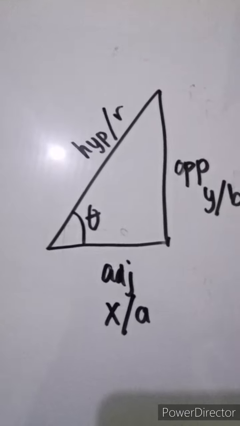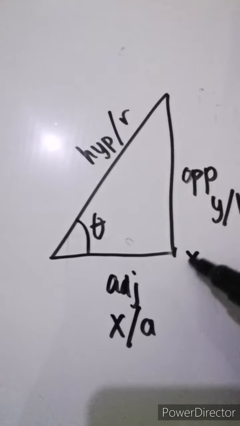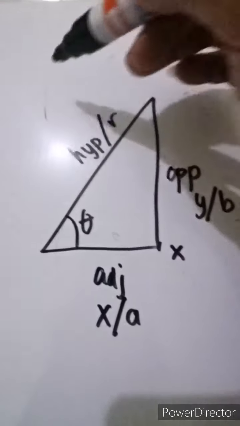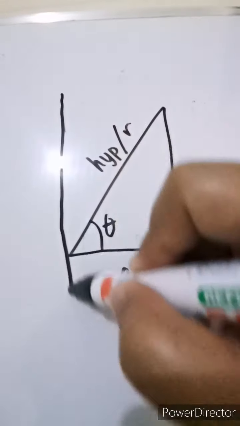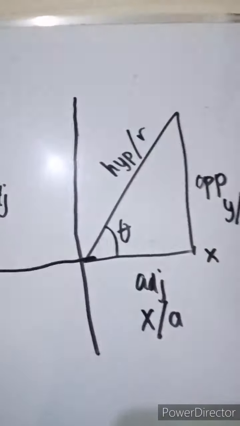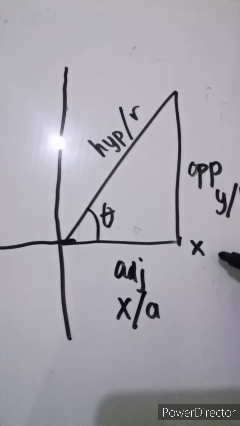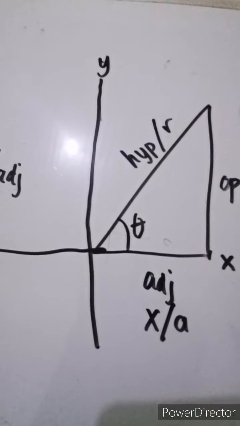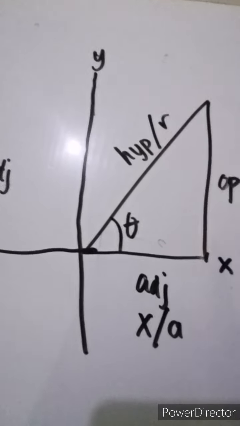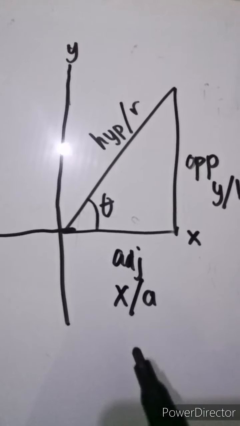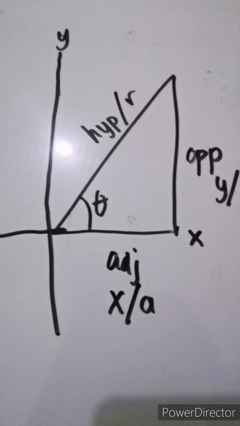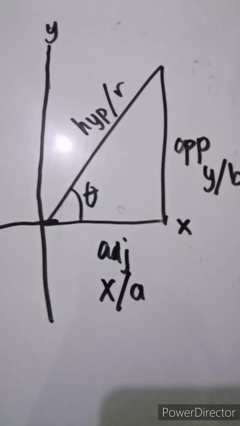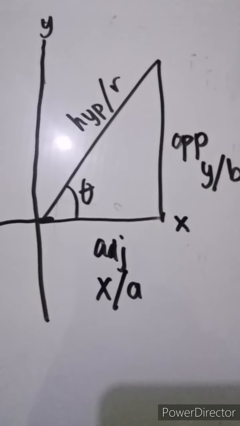Kasi kung titignan nyo sa Cartesian coordinate plane, this is the x-axis, tapos yung taas niya. Ito yung Cartesian coordinate plane natin. So, this is the x value. This is the y value. Kaya siya, yung opposite natin is naging y and our adjacent is naging x. So, depende pa rin ang position niya kung nasaan yung kanyang reference angle.